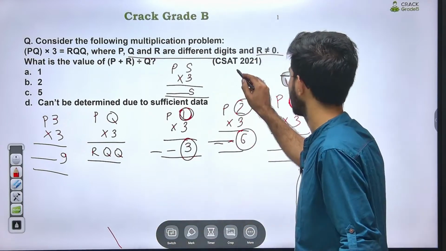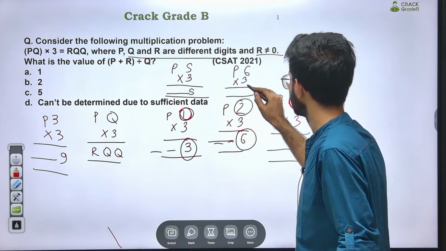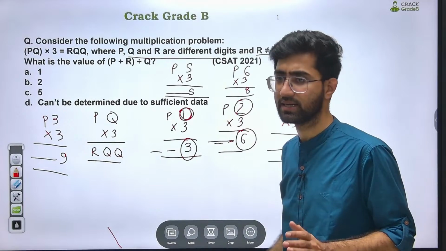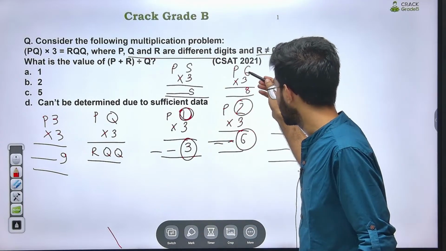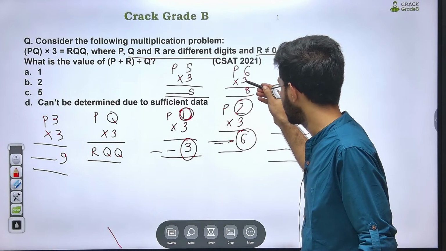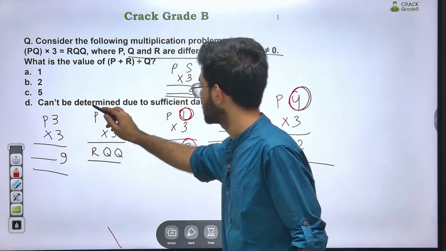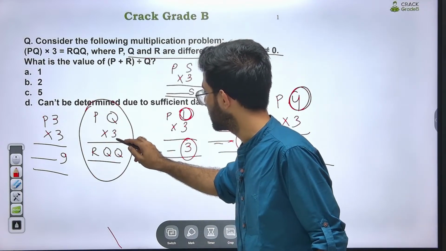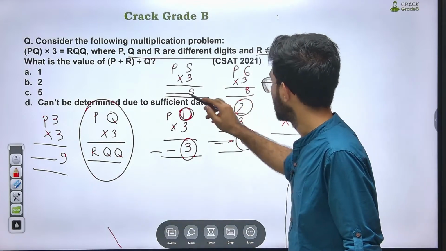Let us check when Q is 6. If you multiply 6 with 3, you get 18, but you will write 8 at the unit place. The question says that if you multiply Q with 3, you should get Q, so Q can't be 6.